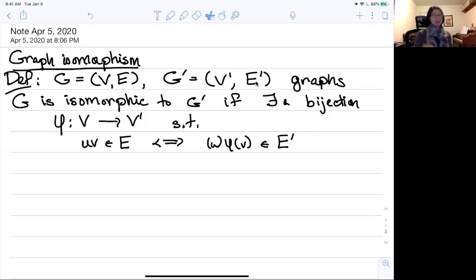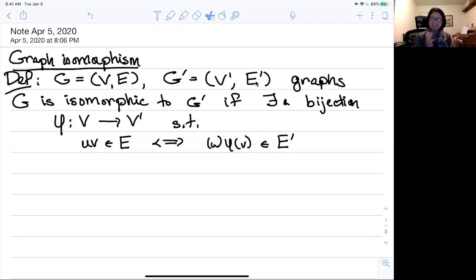And let's see, here it is. Okay, so this is the definition of graph isomorphism. If I have two graphs, a graph G that has vertex set V and edge set E, and a graph G prime that has vertex set V prime and edge set E prime, we're going to say the graphs are isomorphic, or that G is isomorphic to G prime, if there exists a bijection, phi, on the vertex sets.